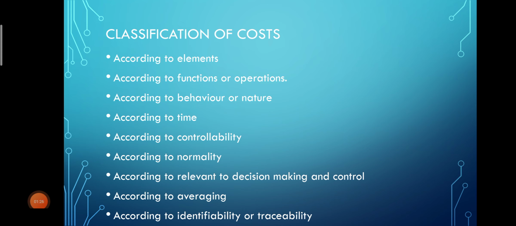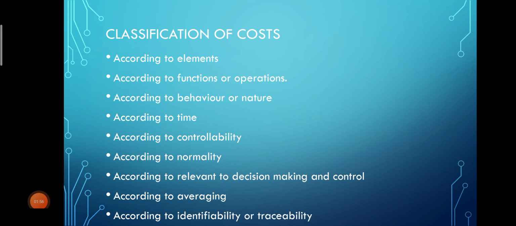Fifth is according to controllability. Sixth is according to normality. Seventh is according to relevance to decision making and control. Eighth is according to averaging. Ninth is according to identifiability or traceability. Okay, so these are 9 different classifications of cost.